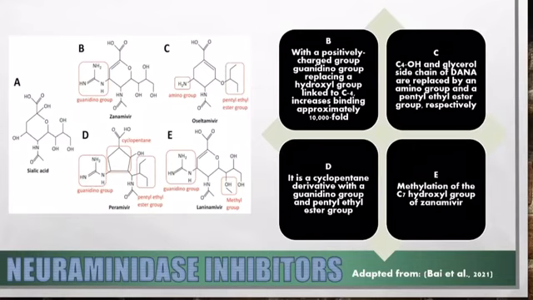For peramivir, it is a cyclopentane derivative with a guanidino group and a pentyl ether group. For your information, cyclopentane is known to exhibit potent and selective inhibitory effects, especially on influenza virus neuraminidase. And laninamivir is a modification of zanamivir where methylation occurs on the C7-hydroxyl group of zanamivir.